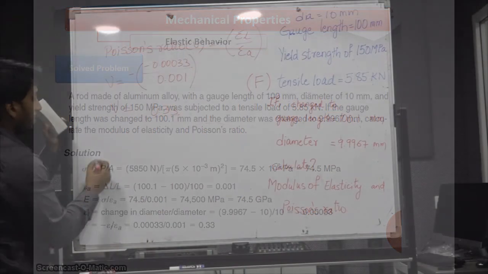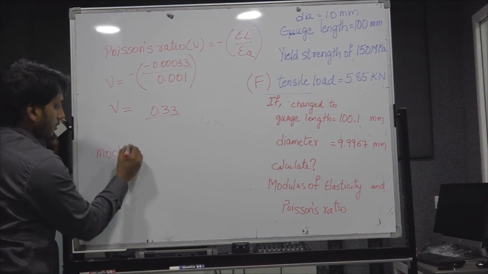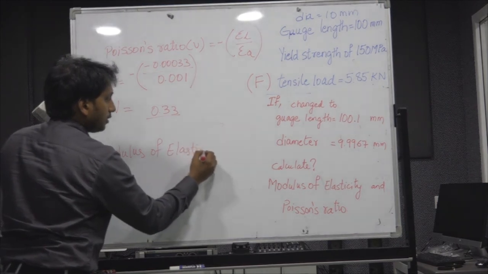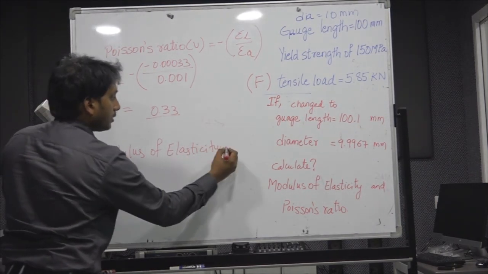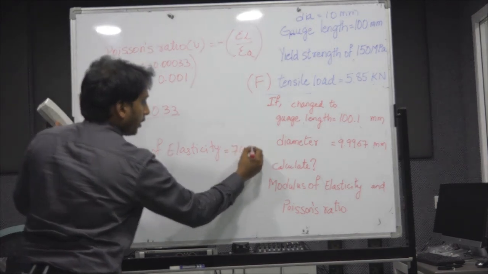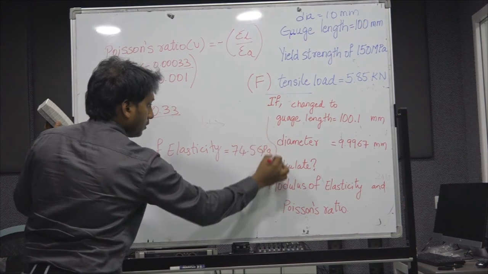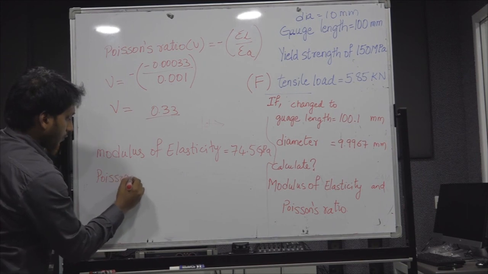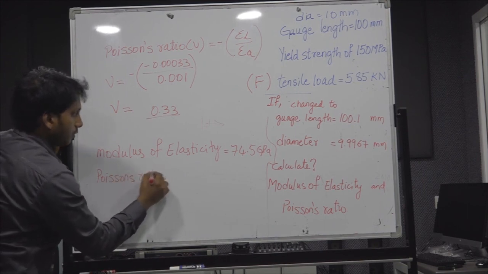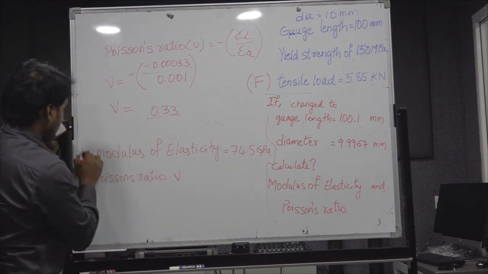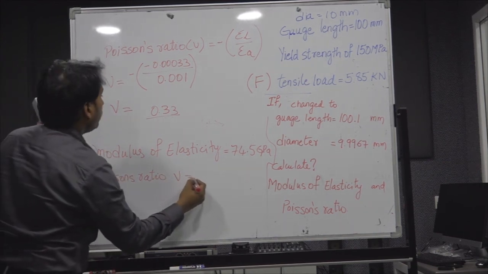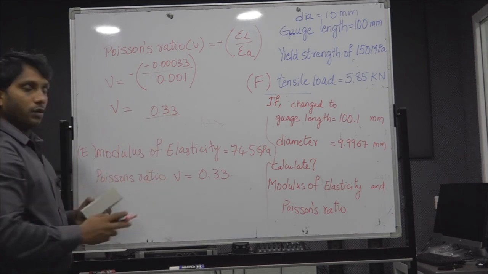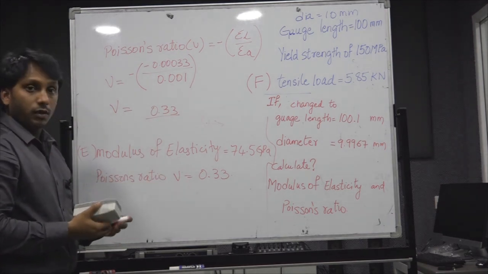So that is why we have calculated this: modulus of elasticity is 74.5 GPa, this is E, and Poisson's ratio V is 0.33.